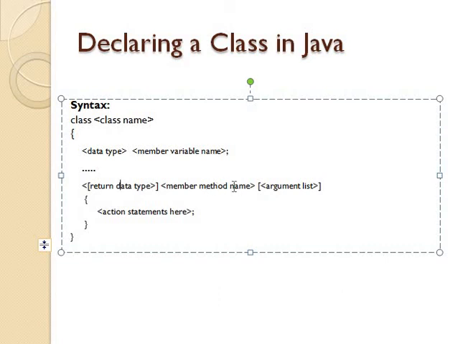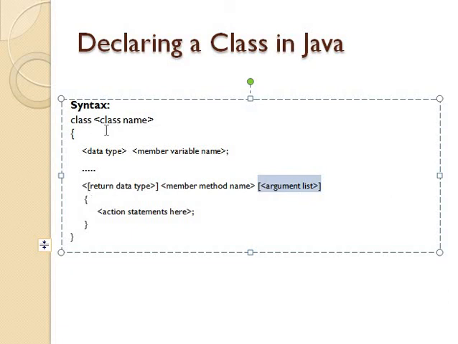Now just after declaring the member method, you can specify some arguments for this method. If you do not specify any arguments, this argument list will be empty.